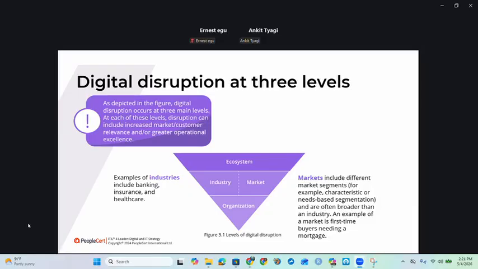Then there is market level disruption. Market includes different market segments, for example characteristics or need-based segmentation, and is often broader than an industry. An example of a market is first-time buyers needing a mortgage. Let me give you another example. There is now technology with face recognition.